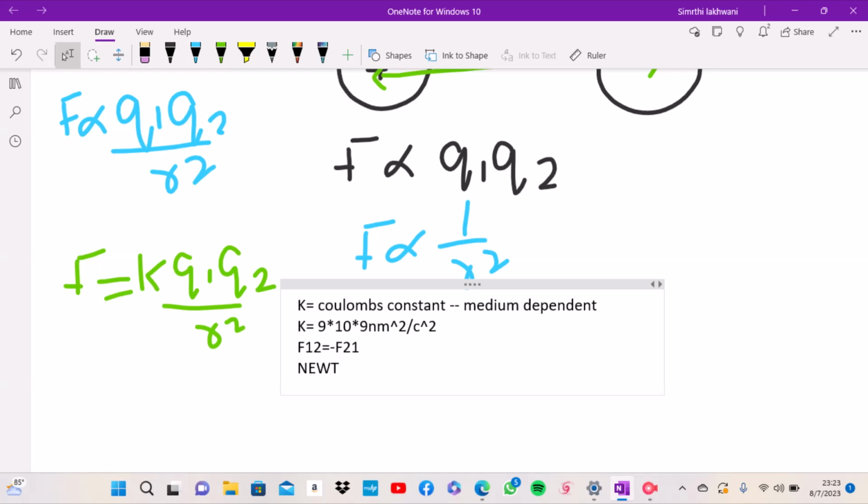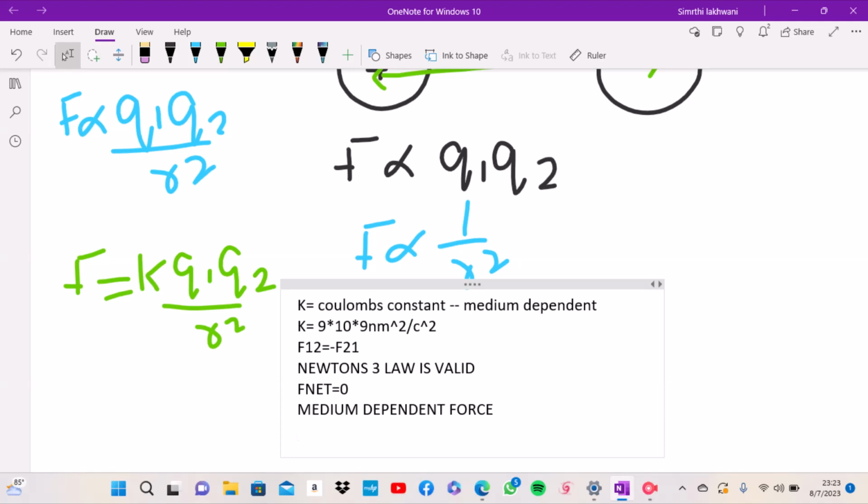So it means Newton's third law is valid here, and the net force over here will be equal to 0. This is a medium dependent force.